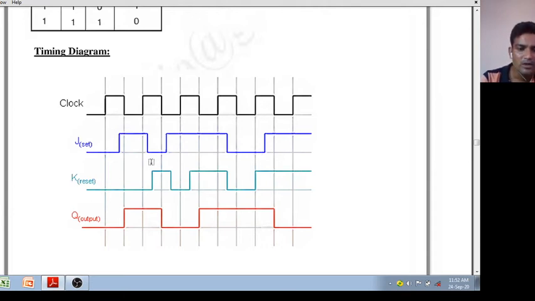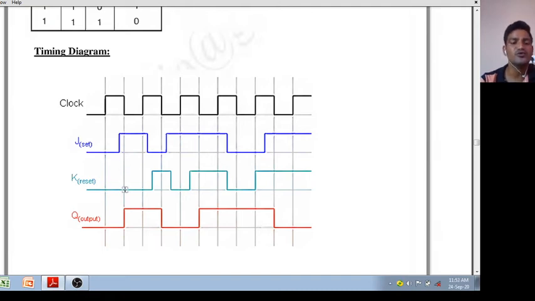Now, before this negative edge, the value of q output, that is the initial state, will always be 0. So till here the value is 0. Now check at this edge. What is the value of j? It is 1. And what is the value of k? It is 0.